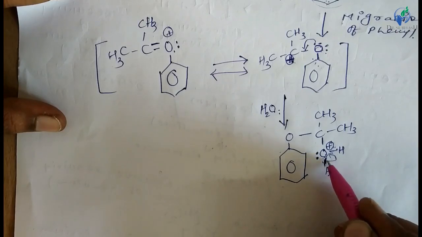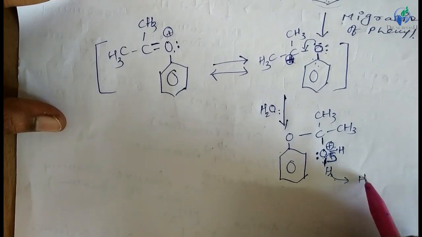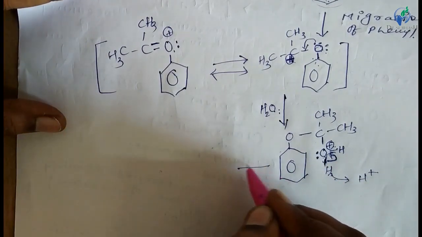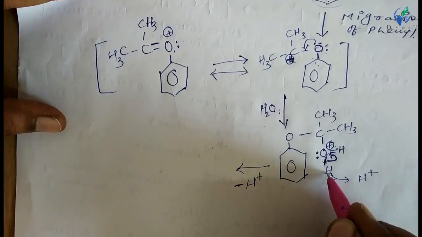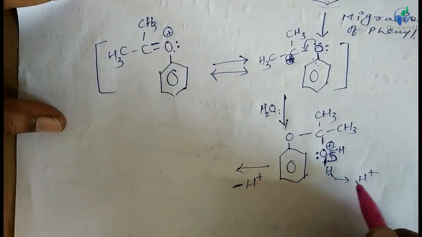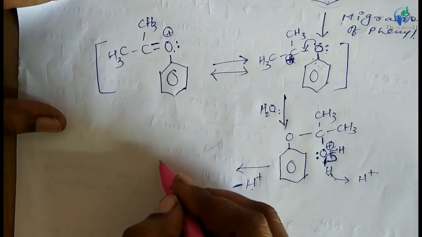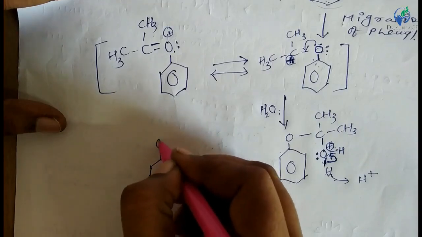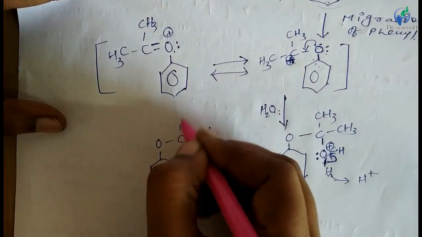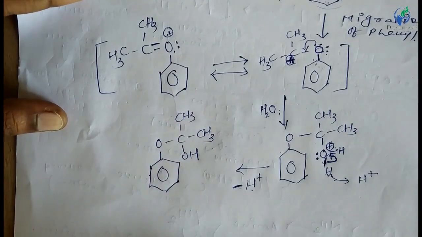So the OH bond is broken down and the electrons of the bond move toward the oxygen and the hydrogen is removed in the form of H plus, right? So here deprotonation occurs, hydrogen is removed in the form of H plus, that is in proton form, and forms the intermediate OH, right?